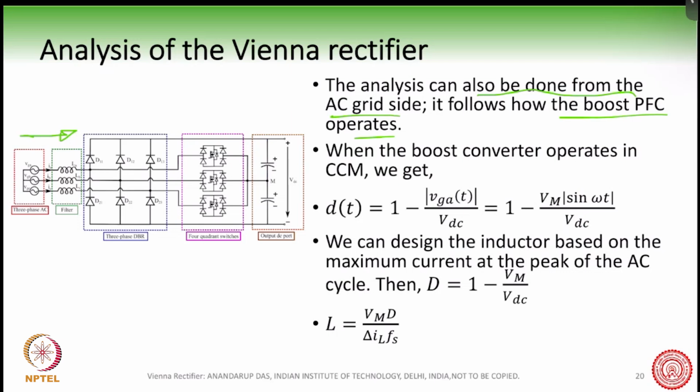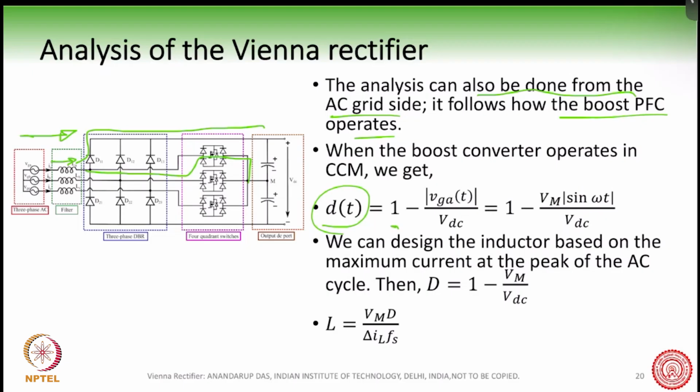So then we will see we have this converter. This is the inductor. Sometimes it is getting charged and sometimes it is getting discharged, one through the switch and one through the diode, right? So the duty ratio, you can recall how we operated the boost PFC a few lectures before.